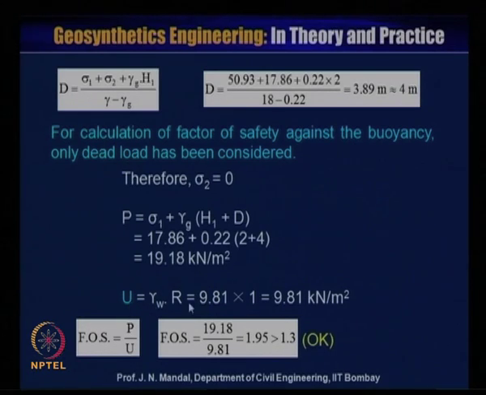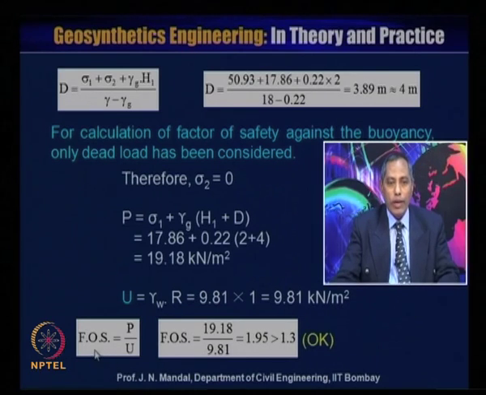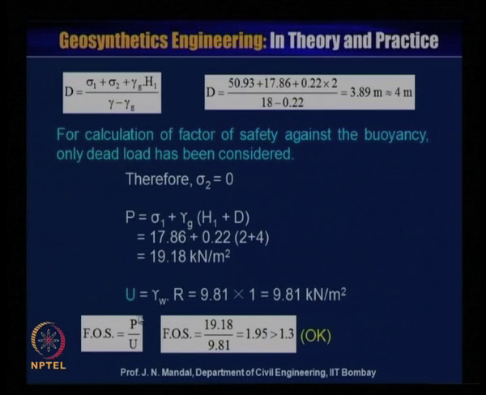Now, we know U is equal to gamma W into R. Gamma W is 9.81, the water density, and R is equal to 1, as given. So, this will give 9.81 kilonewton per meter square. So, the factor of safety against buoyancy, P by U, will be 19.18 by 9.81, which gives 1.95, that is greater than 1.3, that means it is okay.